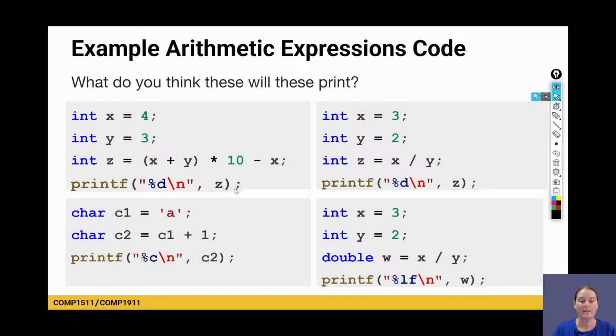So let's have a look at this one. The next one down here, we've got char C1. Again, these are bad names, but these aren't proper programs that are doing anything useful. They're just examples. And we've got C2, which equals C1 plus 1. What on earth is this going to print out, this example here?